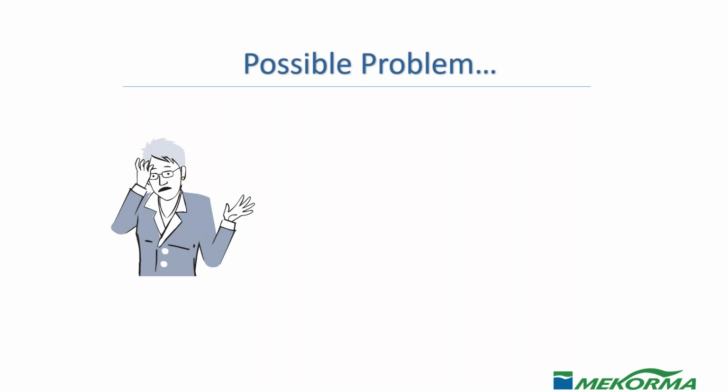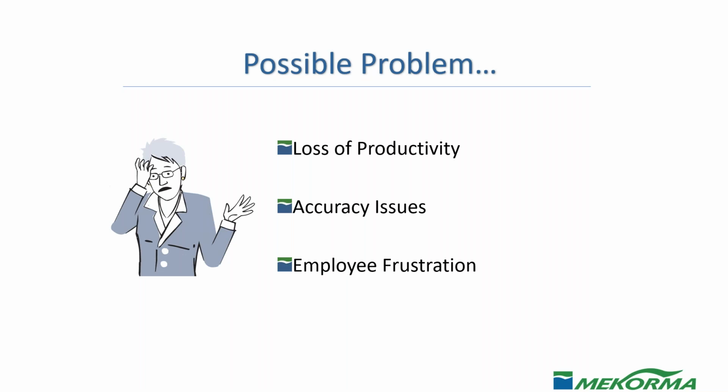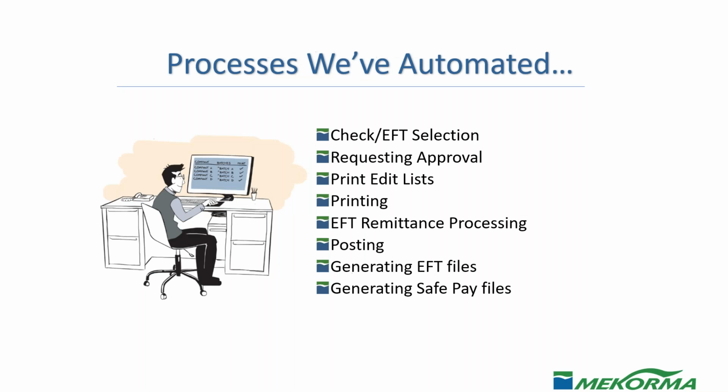But with all of that, think of the loss of productivity. Think in terms of accuracy issues that you're going to be facing. And then, of course, just the actual frustration of going in and out of those windows. So if you can change that and literally on one window, create all of those batches, it's definitely going to help streamline those AP processes.